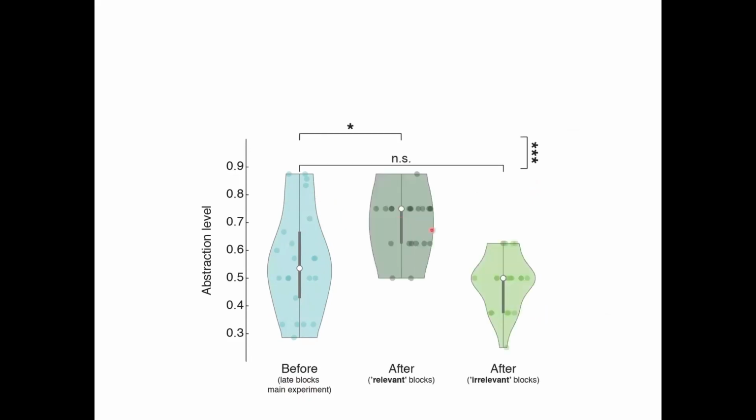Now we see that after the value tagging of the feature at the neural level, abstraction is drastically increased when the feature is relevant, but it remains the same, or if anything is actually decreased, when it is irrelevant.